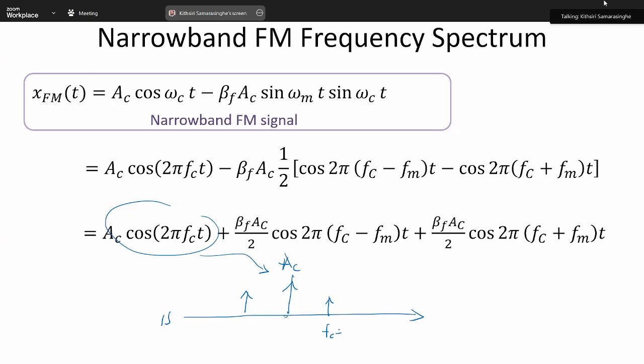This will be at fc plus fm, and this will be at fc minus fm. If I plot only the magnitude, each will be beta f AC upon 2. See, the bandwidth is 2 fm, just like an AM signal.